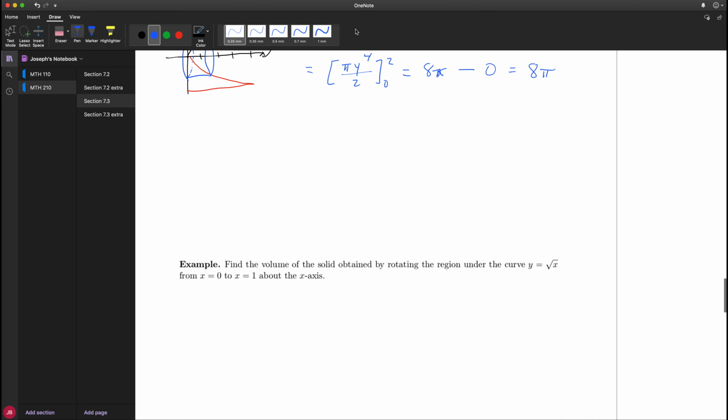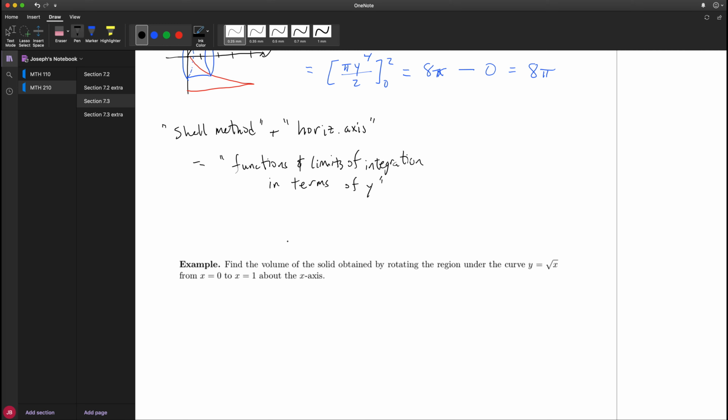I guess I could write more concisely what's happening here. If you want, maybe put this in your notes. Using quotes, we'll say that shell method plus horizontal axis requires functions and limits of integration to be in terms of y.